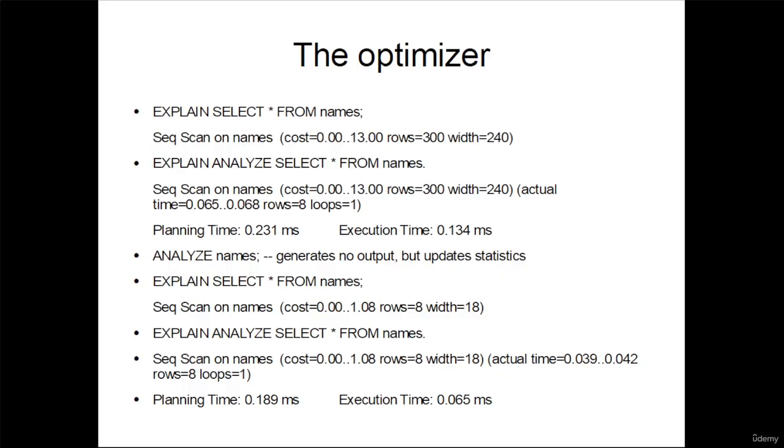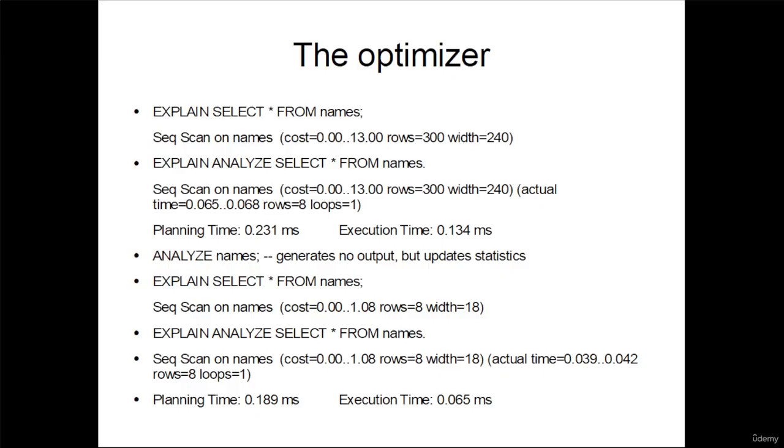Run with explain analyze to confirm. Explain analyze select asterisk from names. Output. Sequential scan on names, cost equals 0..1.08, rows equals 8, width equals 18, actual time equals 0.039..0.042, rows equals 8, loops equals 1.